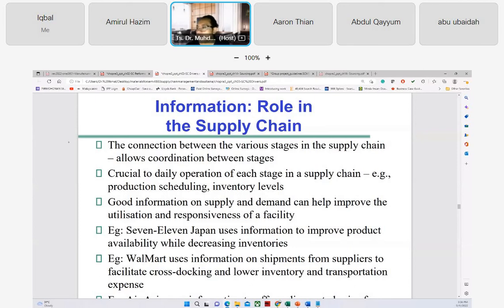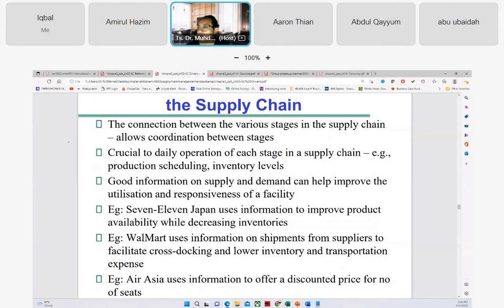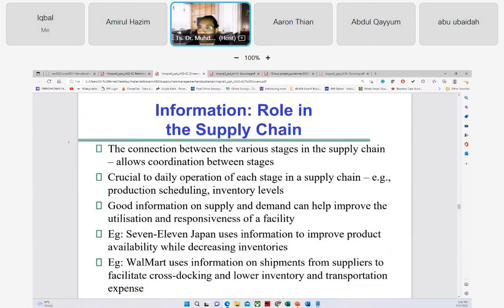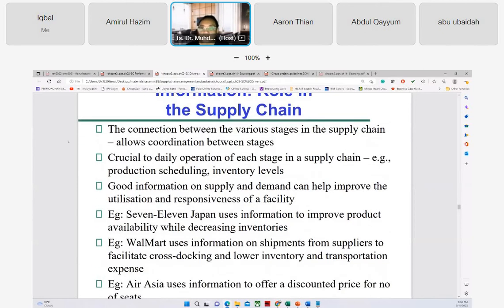And then, good information can help improve utilization and responsiveness of the facility as well. This information could help you in managing your inventory, and balance between responsiveness and efficiency.